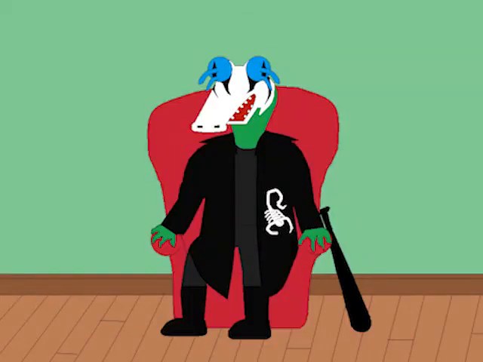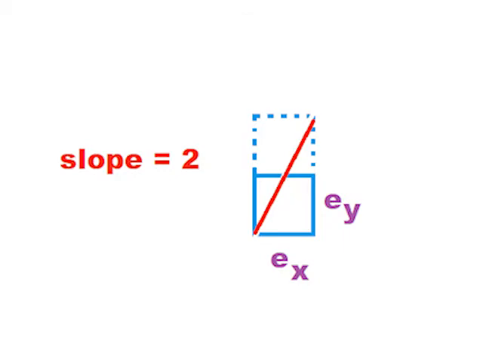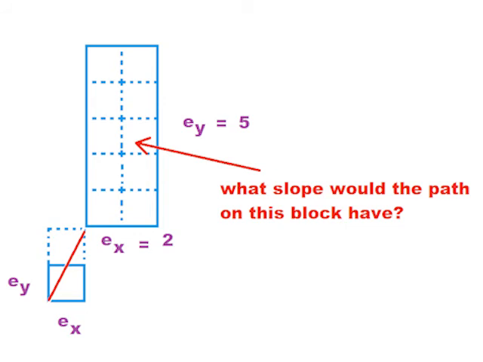Let's do another example. In this case, we'll change the constant from 1 to 2. So for the initial block with 1 ey and 1 ex, we have dy over dx equals 2. And for the next block over, we have ex equals 2 and ey equals 5.